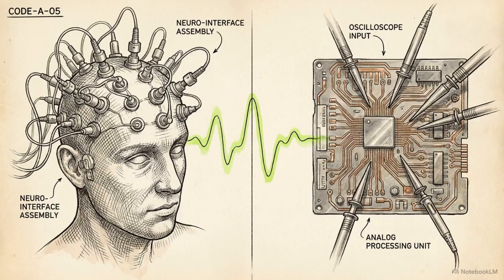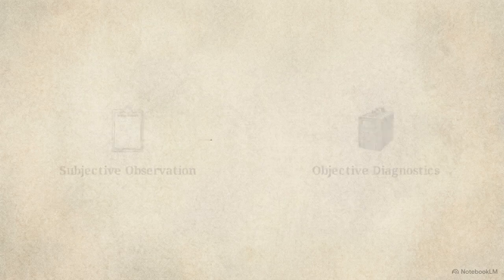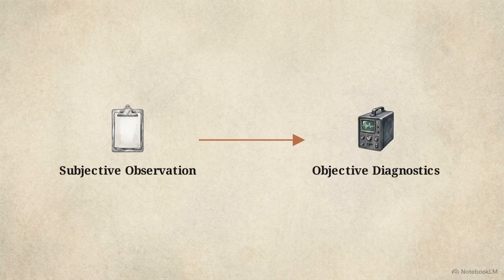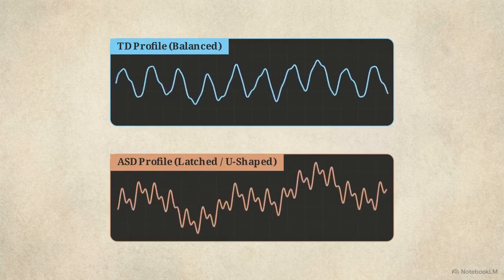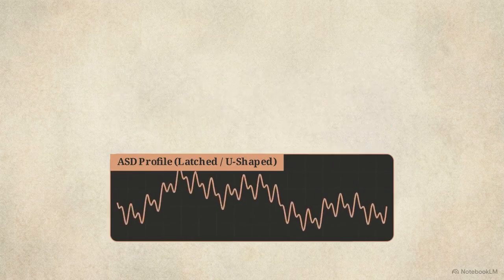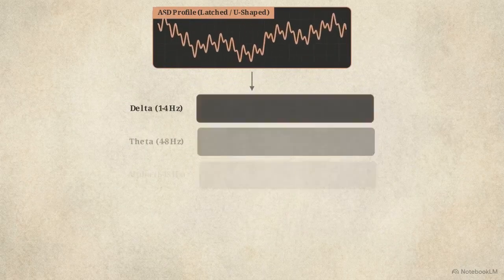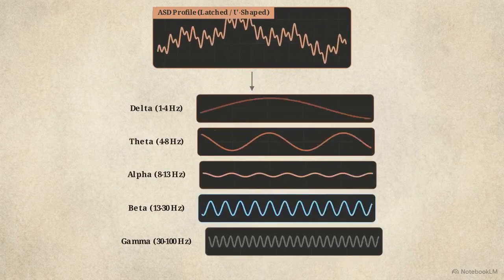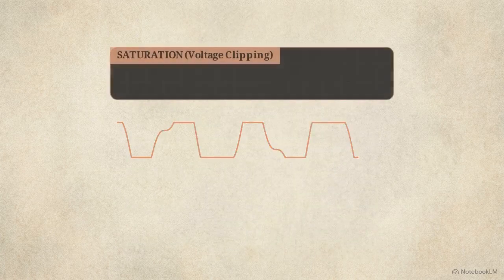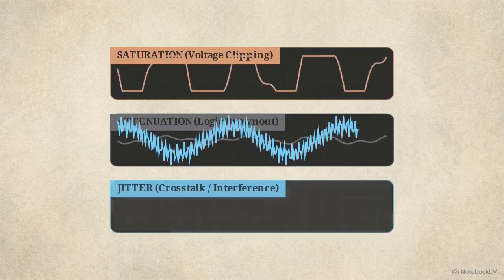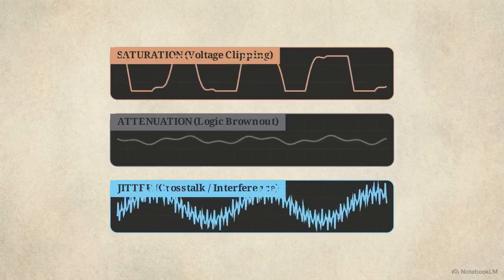Viewed through an engineering lens, the EEG is a real-time oscilloscope trace of the human neurovascular bus.